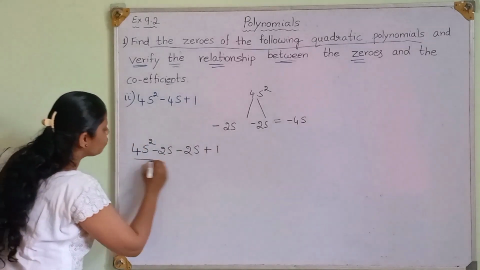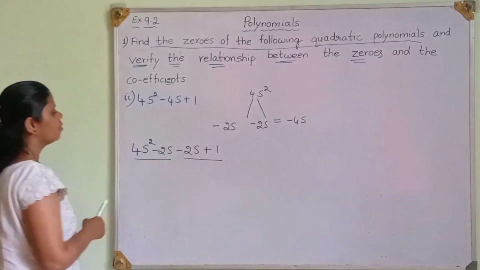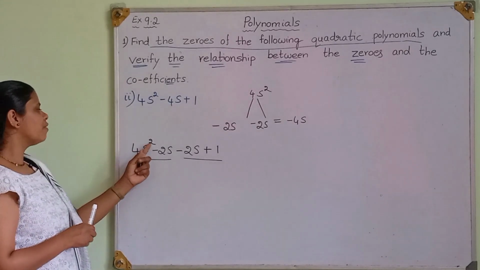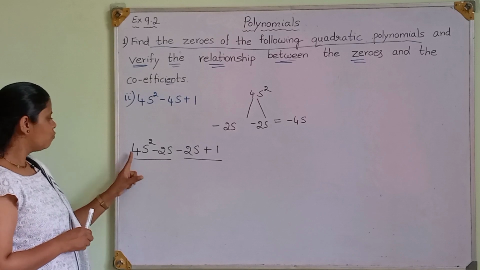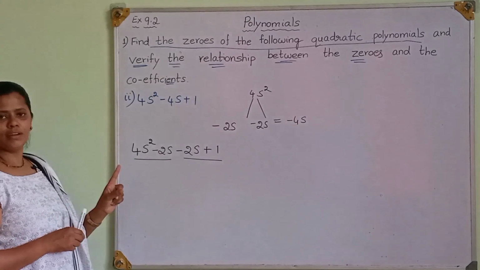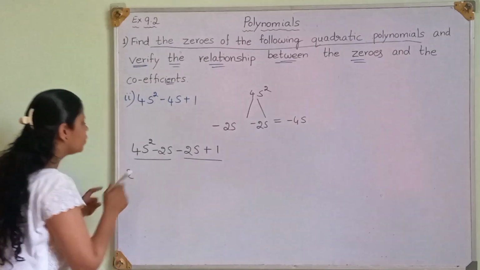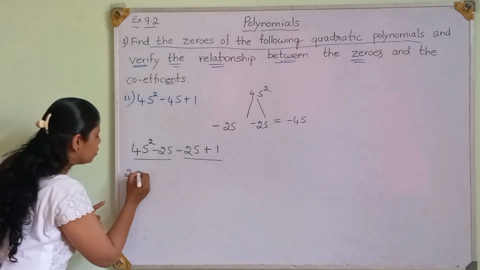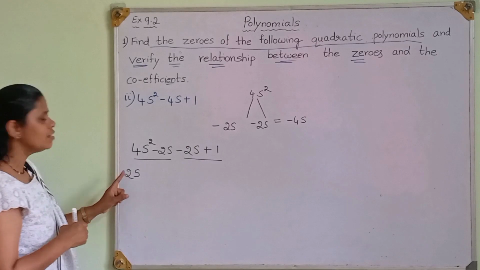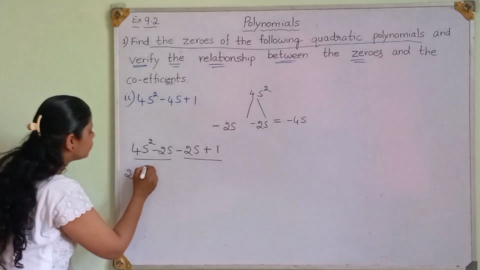Now let us do the proof. Now look at this 4s square minus 2s. What is common in this? 4 and 2. Which is common? 2 is common. S square and s. Which is common? s is common. So let me take 2s outside.